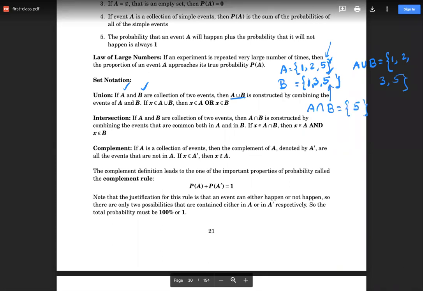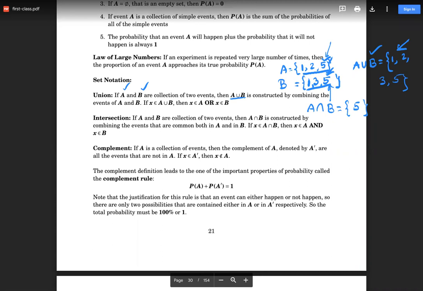Whereas A union B is whatever is in A plus whatever is in B, making sure that if an item is repeated, you don't write it multiple times. You just write it once. It's just the presence, okay? 5 is appearing twice, but we write it just once. So that's A union B and A intersection B.